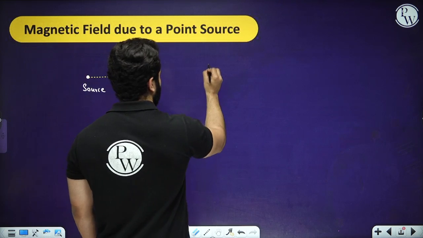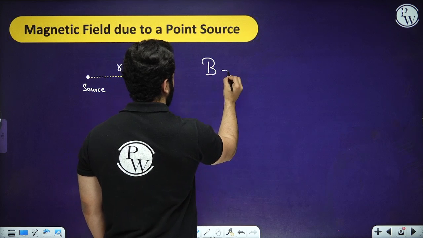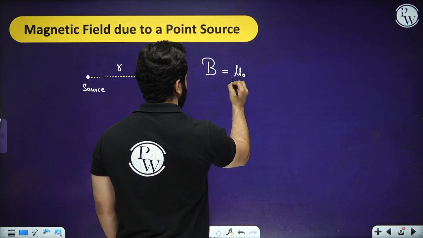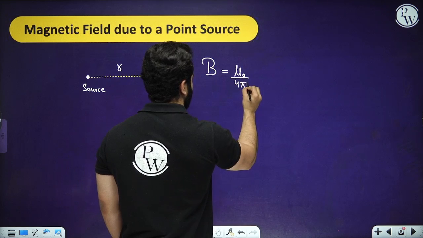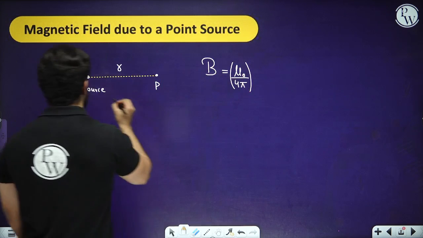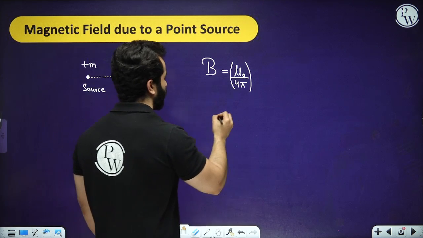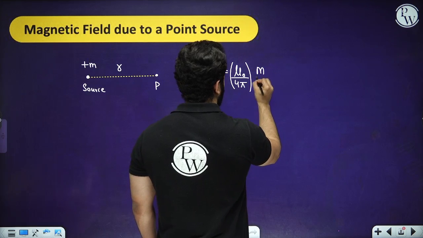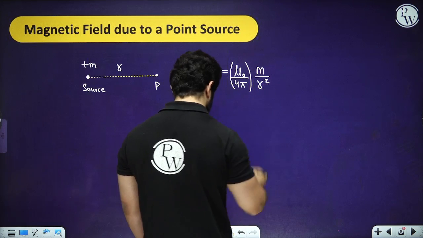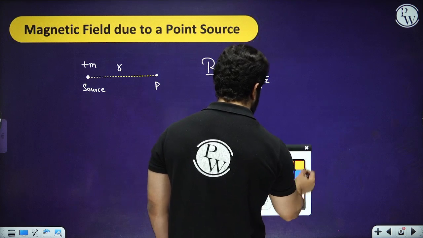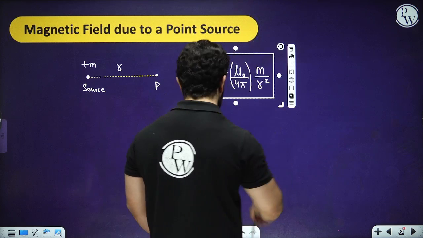So this magnetic field is written as mu naught upon 4 pi, and let's suppose it has pole strength of plus m, so mu naught upon 4 pi times m upon r square. This is going to be the magnitude of the magnetic field, right?